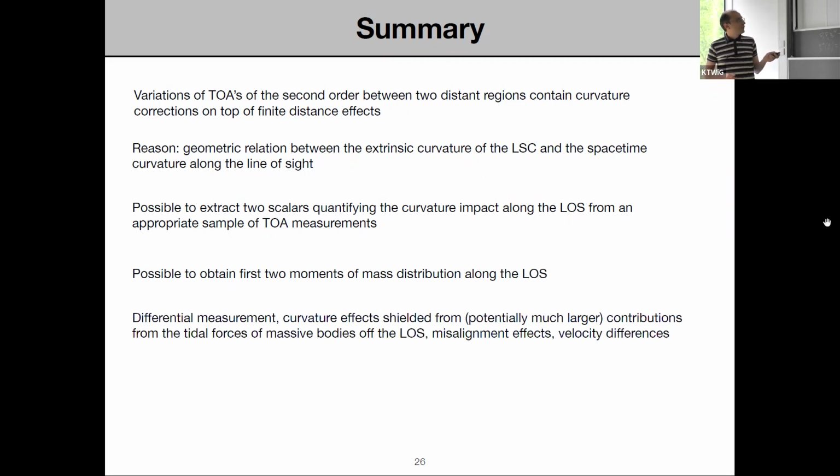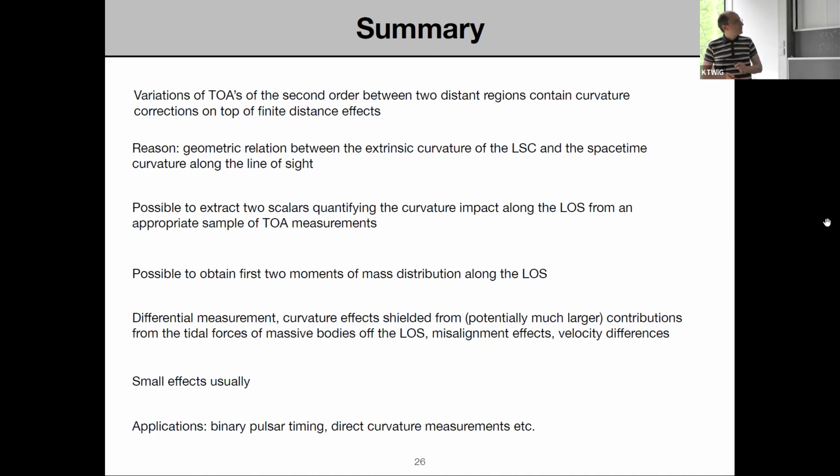And this is a differential measurement. The curvature effects are shielded from much larger contributions like the tidal forces of massive bodies flying around, the effects of misalignment or the angular position of both the receiver and the emitter, or the difference of their velocity. However, the effects are usually very small.